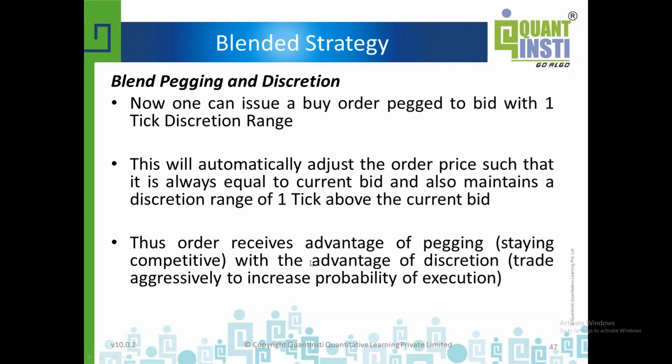The great thing about this is that it has the advantage of both pegging, which is staying competitive. It is a passive order, but obviously the probability is pretty all right for it to get traded, and it also has the advantage of being aggressive with discretion, right? So pegging and discretion together give a very good way of executing your orders.